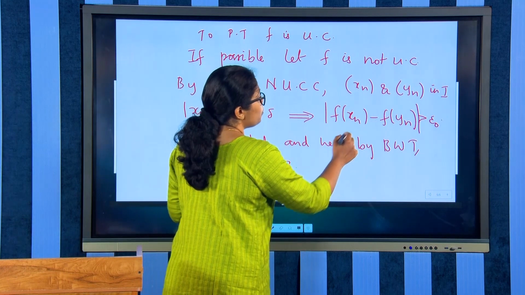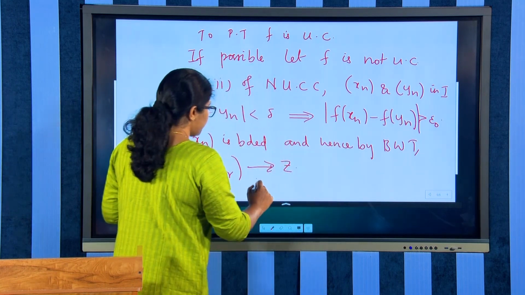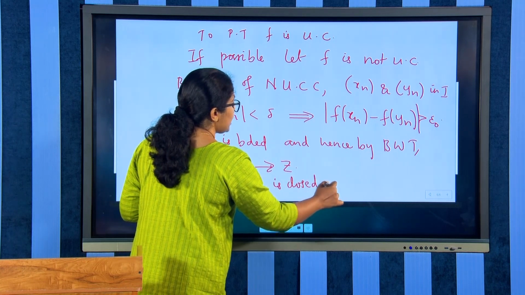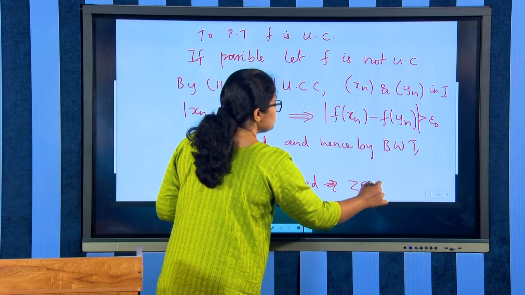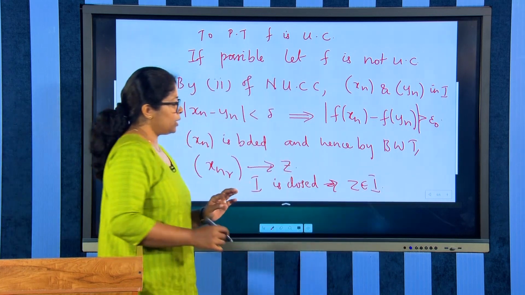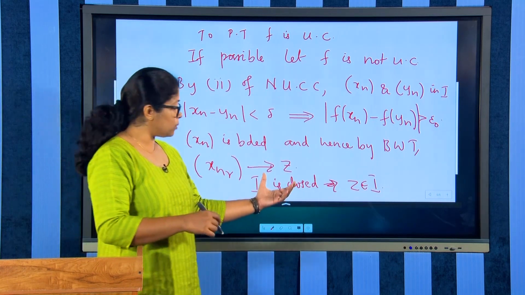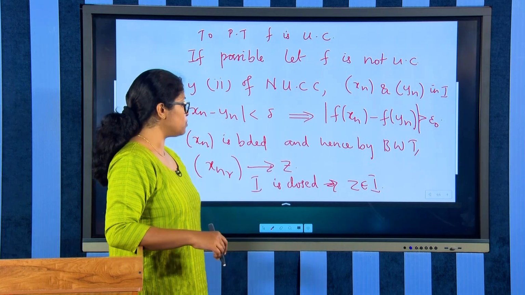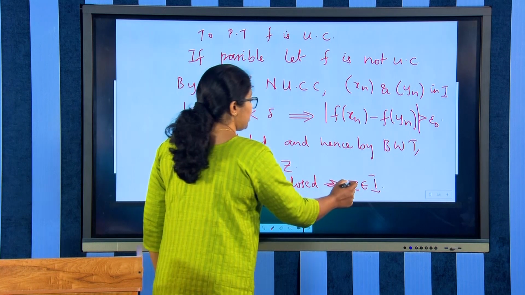And because I is closed, z belongs to I, because a closed set contains all its limit points. So z belongs to I.